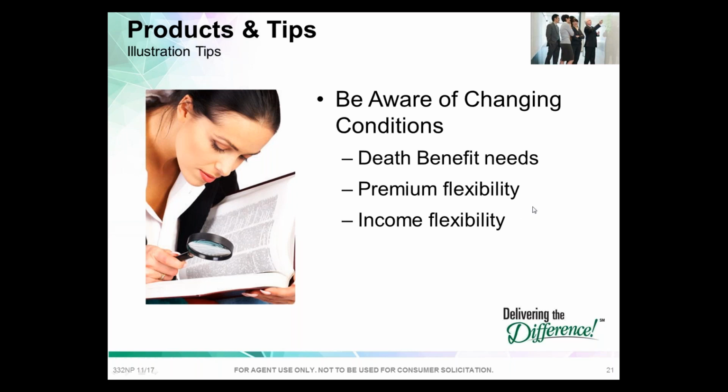Think about premium flexibility. I alluded to this in our last session. I think this is a big one. The idea here is that for retirement planning, probably your number one go-to sales concept for IUL, if you assume that they're never going to change their premium, I think you're doing your client a disservice. A lot of times people are going to raise their premium as they get closer to retirement and have more discretionary income, or retirement is just more in front of them or more focused on their mind.